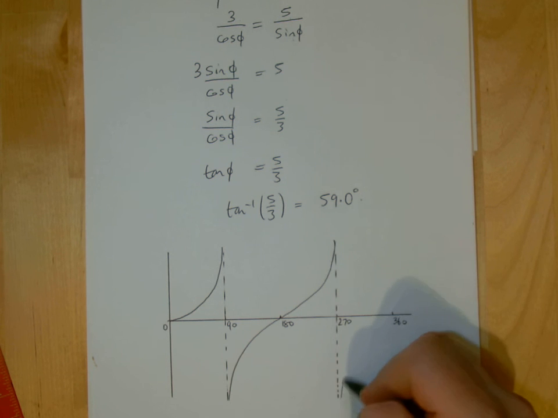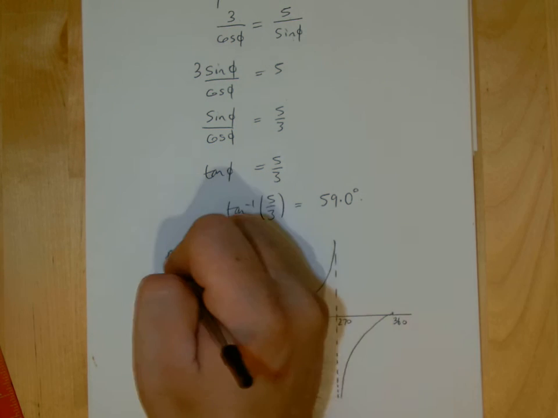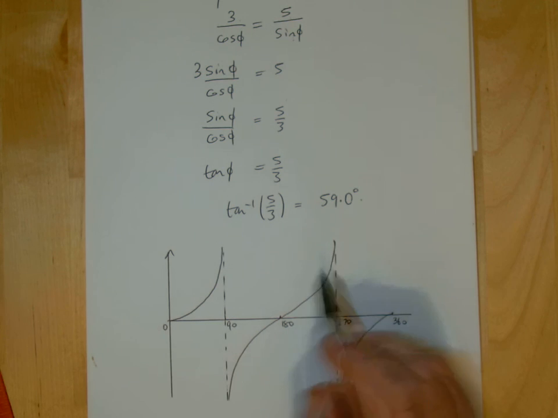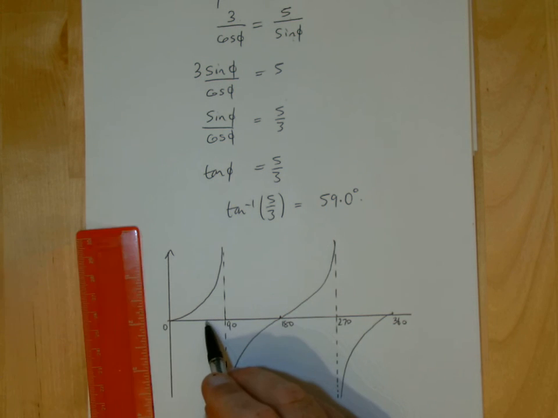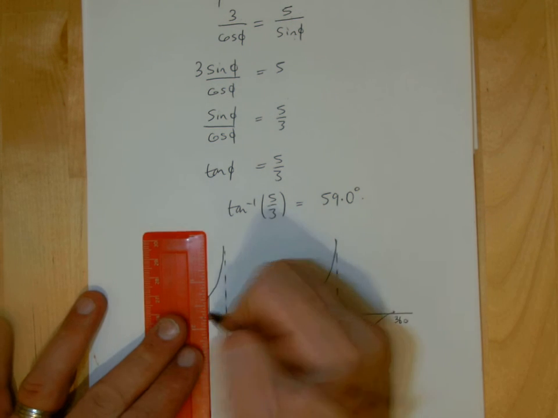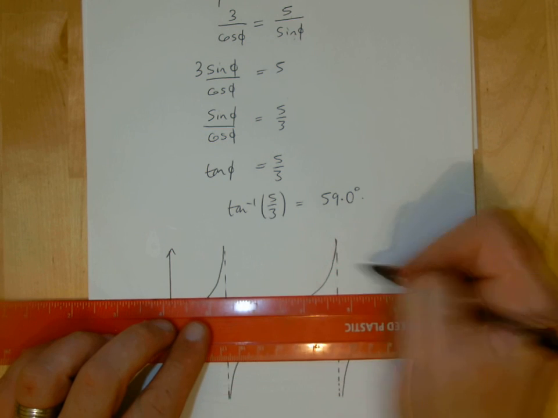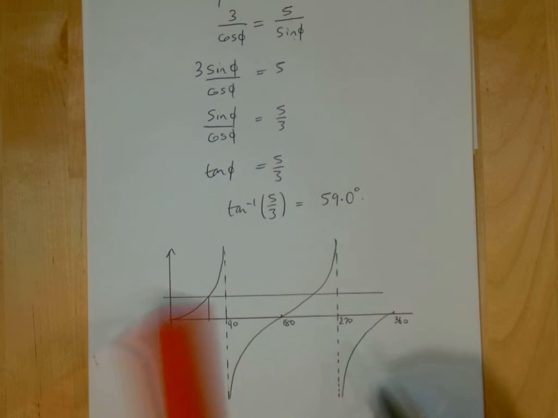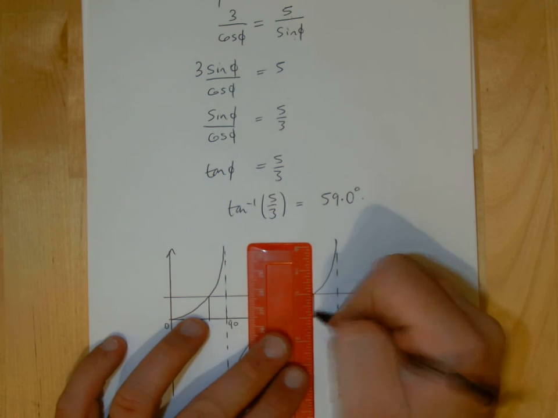Okay, and then we've got that there. Now, 5/3, I don't know where that is here, because we haven't really got a scale, but we know 59 degrees is roughly about, say, there. So I'm going to draw a line across there to see where it hits the curve again, and it hits the tan graph there again.